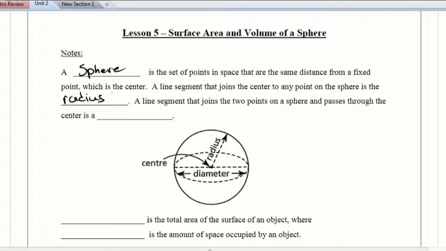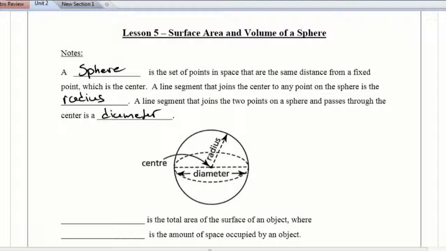A line segment that joins 2 points on the sphere. It doesn't matter because the sphere is kind of uniform everywhere. A line that joins either side is going to be called the diameter, as long as it goes through the center.